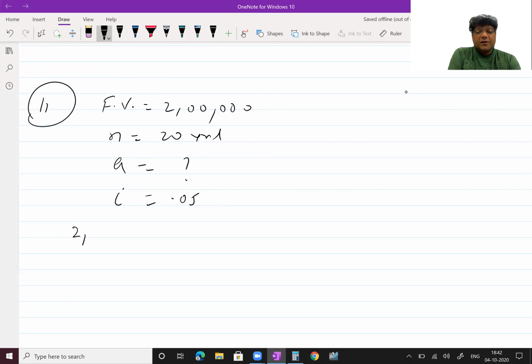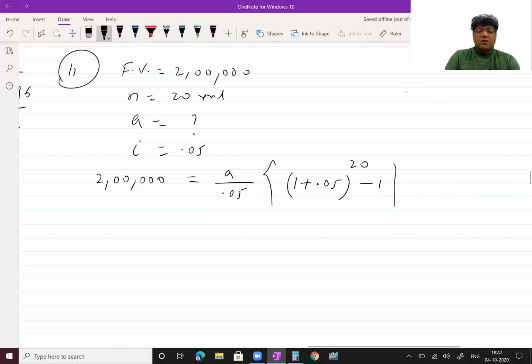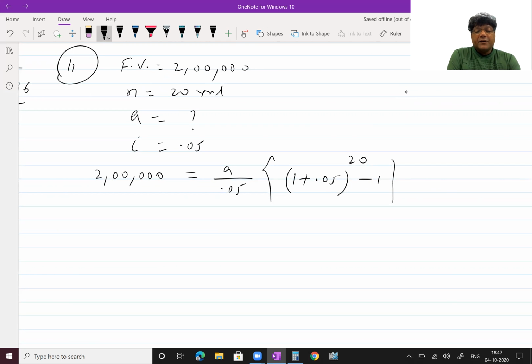Future value formula: 2 lakh is equal to A by i into (1 plus i to the power n minus 1). So we'll cross multiply: 0.05 into 2 lakh will be 10,000, which is equal to A into (1.05 to the power 20 minus 1).